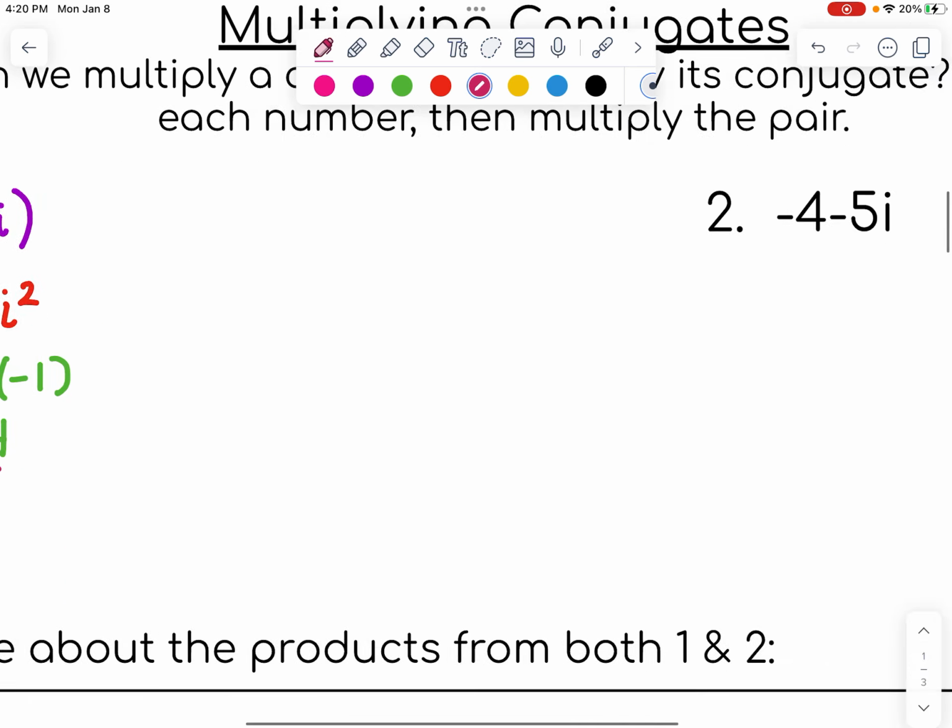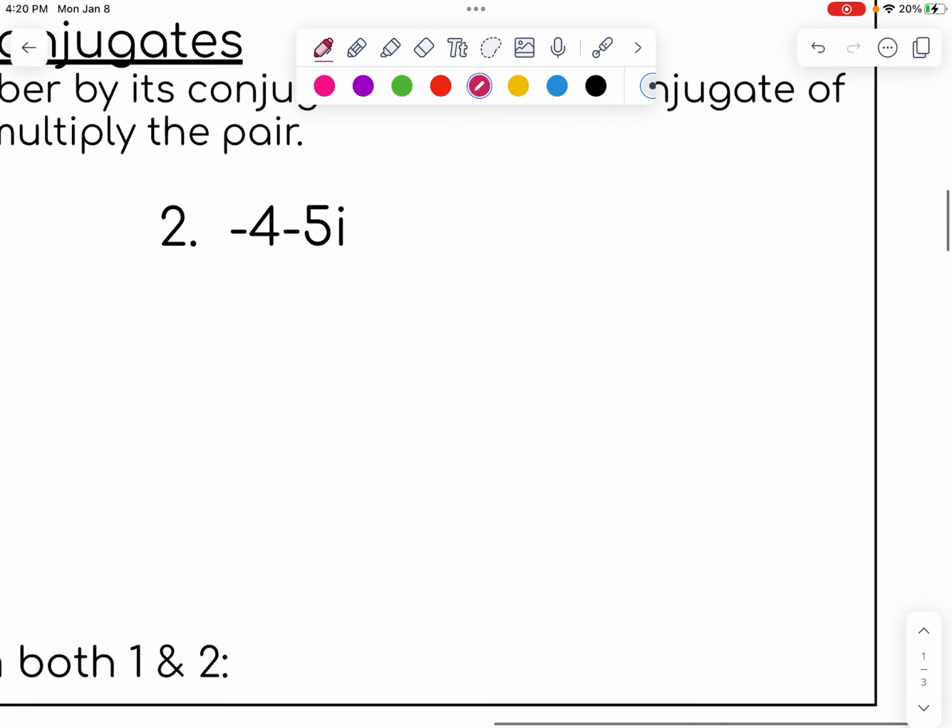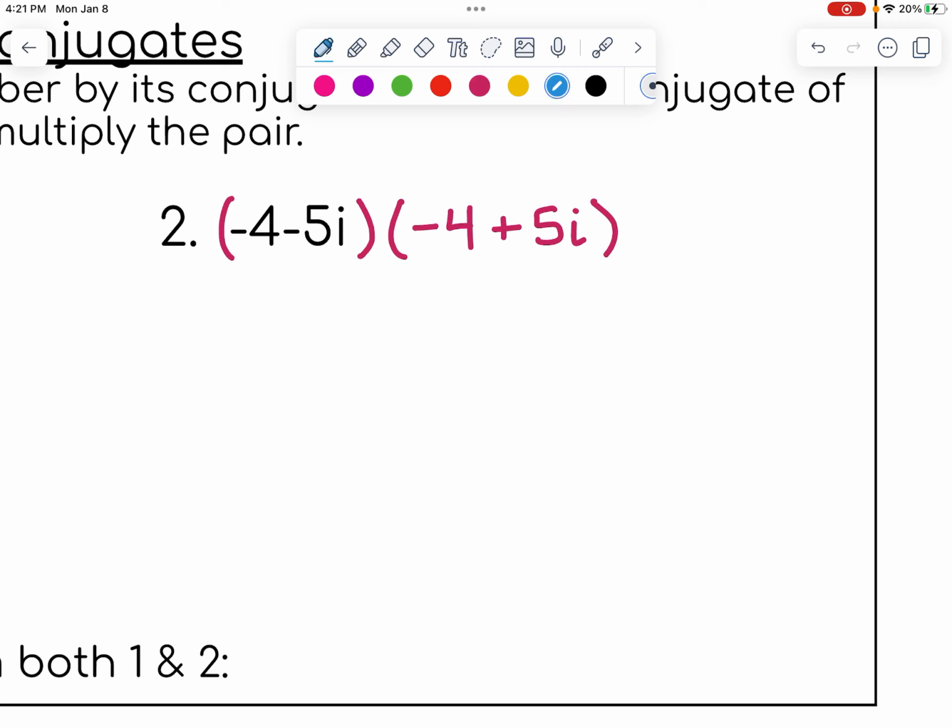Let's try one more. For number 2, I've got negative 4 minus 5i. First, to find the complex conjugate, negative 4 is the real number, so that stays negative 4. Minus 5i is the imaginary. It's going to stay 5i, but now it's going to become positive. We change the sign of the imaginary, putting them in parentheses to indicate multiplication, and we are going to distribute.